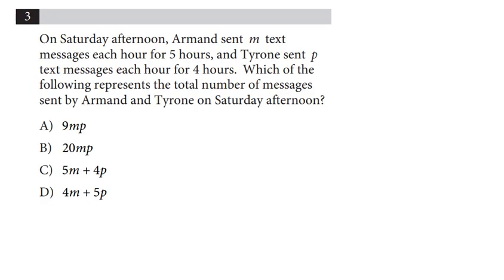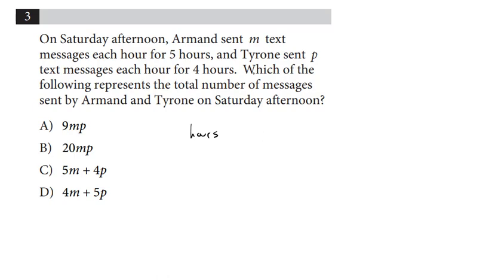On Saturday afternoon, Armand sent M text messages each hour for 5 hours, and Tyrone sent P text messages each hour for 4 hours. Which of the following represents the total number of messages? If you're unsure, you can do a table of values to get your head around what's happening.